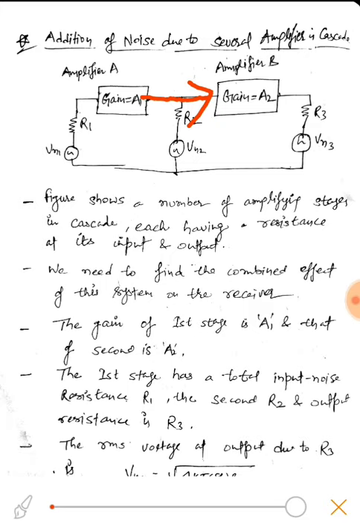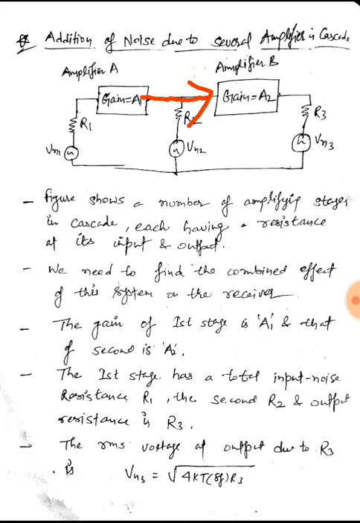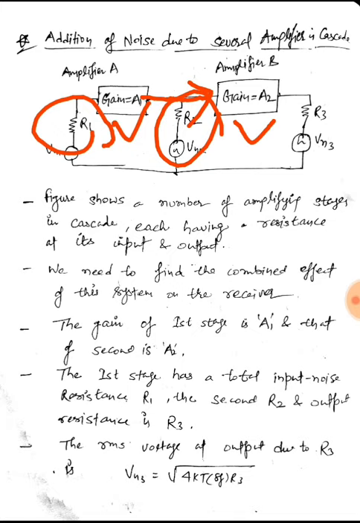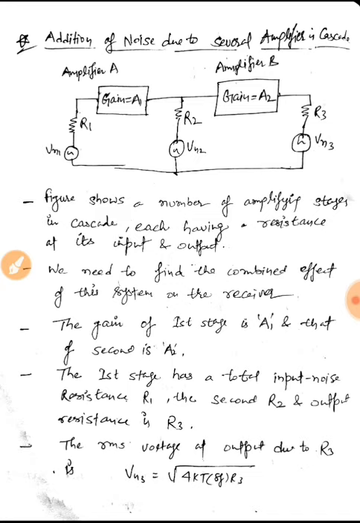The figure shows two amplifiers with gains A1 and A2. Gain of this amplifier is A1 and of this amplifier is A2. This is the input resistance of amplifier 1 and this is the input resistance of amplifier 2, and this is the output resistance of amplifier 2, R1, R2, R3, and we have calculated noise voltages for them Vn1, Vn2 and Vn3.